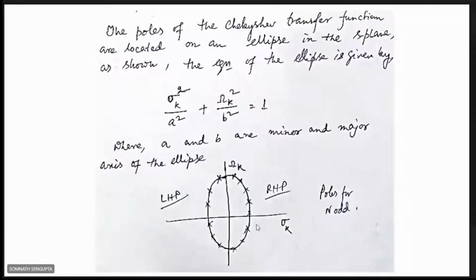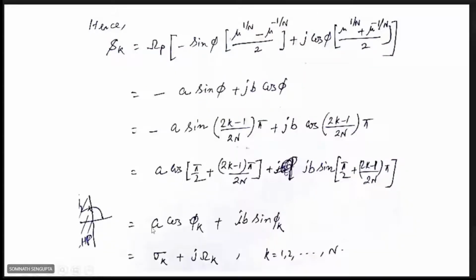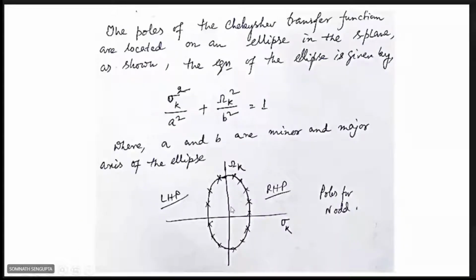The equation for the ellipse is sigma k by a square plus omega k divided by b square, where sigma k is equal to a cos phi k, and these are the pole locations, where A and B are the minor and major axis of the ellipse. Okay. So these are the poles for n odd. So just showing some characteristics.